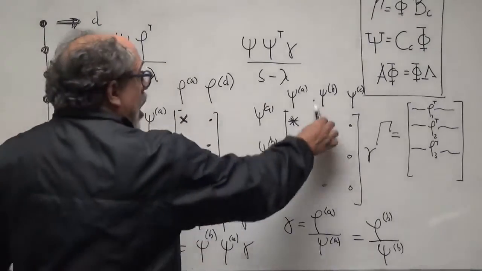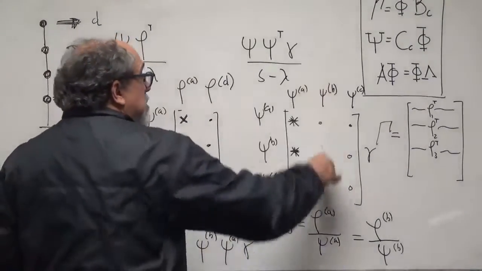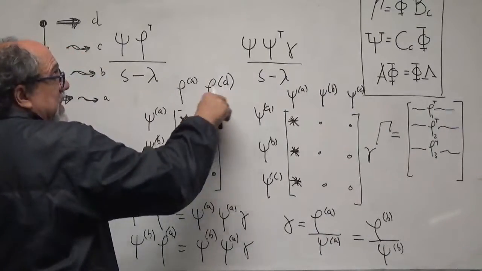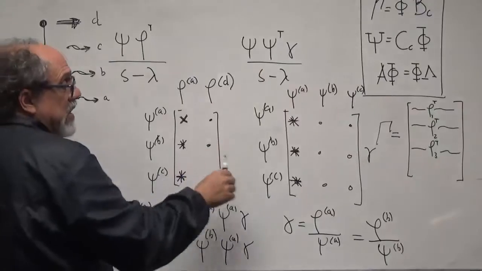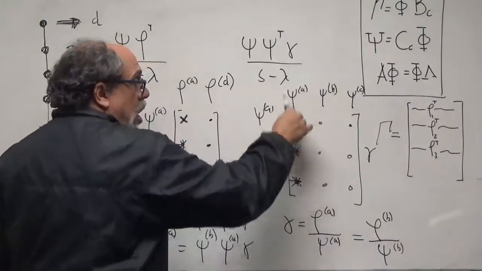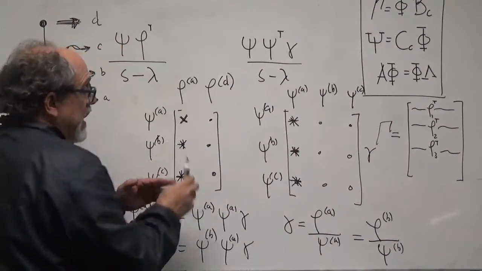Now, this column is the phi with the B. We don't have a B here, we only have a D. This is the C. We don't have a C here. So of this matrix, only this column matches this one.